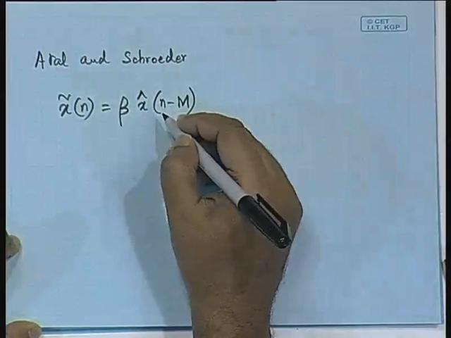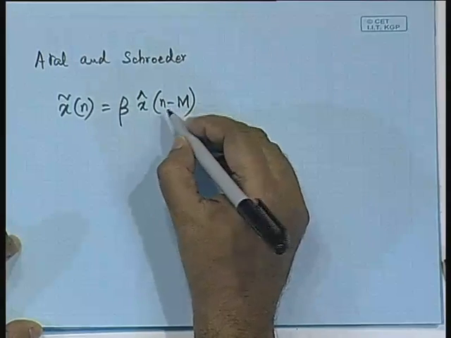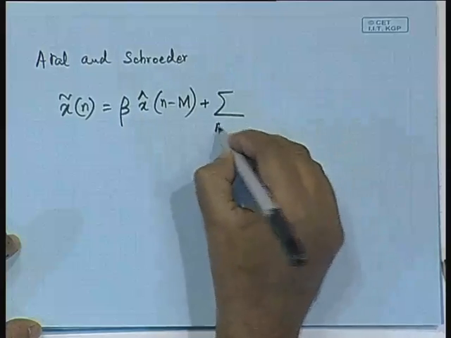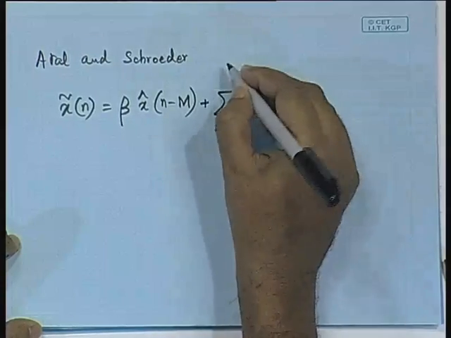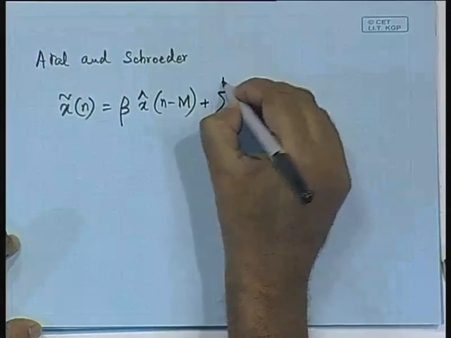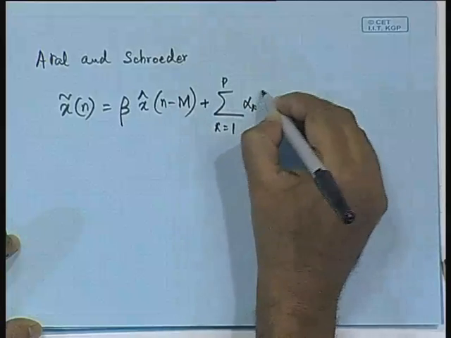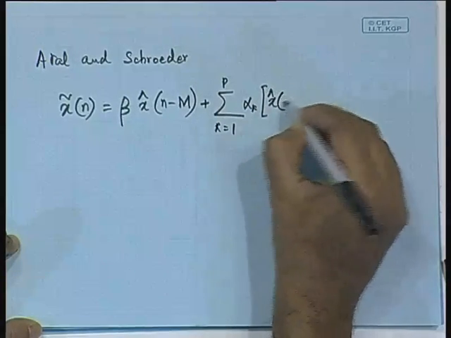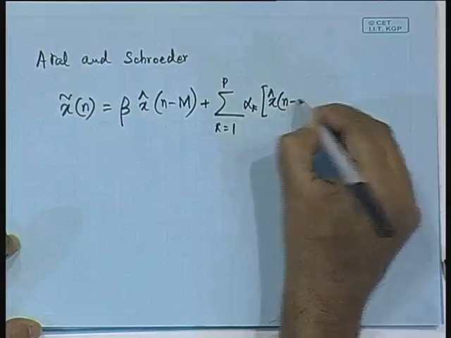So, we are making use of the correlation that exists because of the periodicity, and plus we can have the regular prediction term, summation k equal to 1 to p of alpha k times x cap of n minus k.